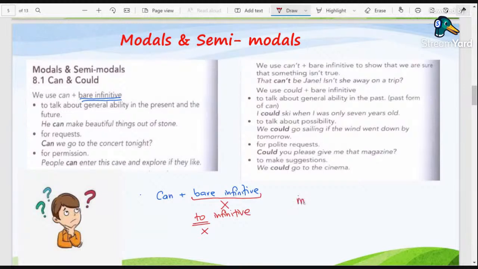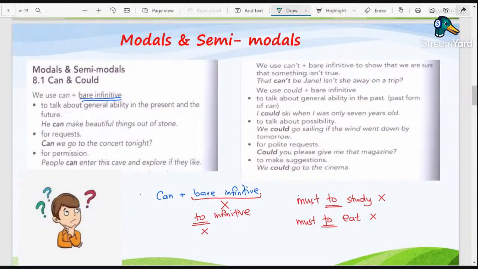Biasanya dia akan tulis, we must to study, contohnya. This is wrong. Because of the word to here, it makes it wrong. Kadang-kadang ada lagi buat, we must to eat food. No. So whenever you have the word to, that is going to be wrong.